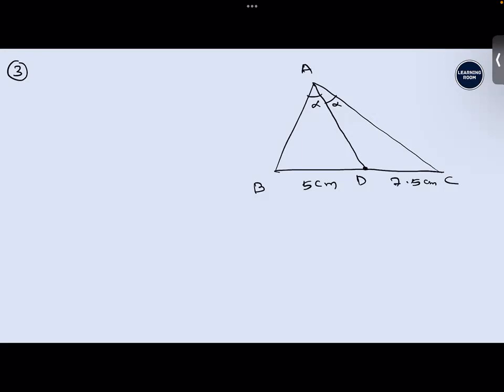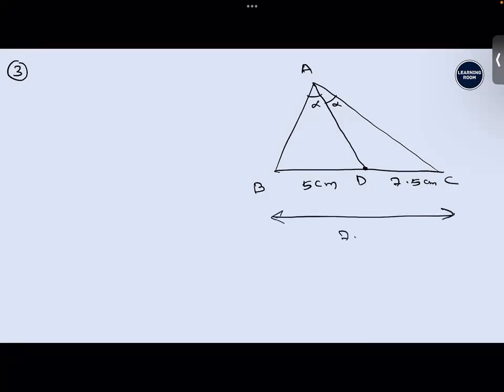Solve? Logic. See, I told you, if at all you have no hint in your hand. Okay, BC is 7.5.